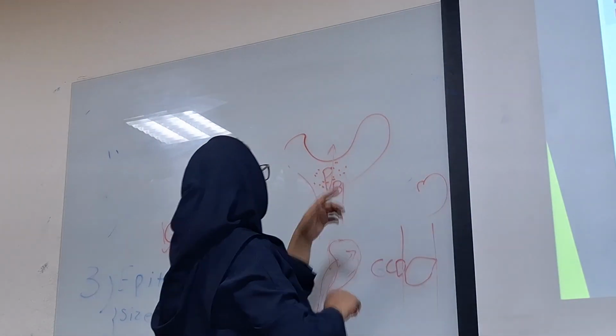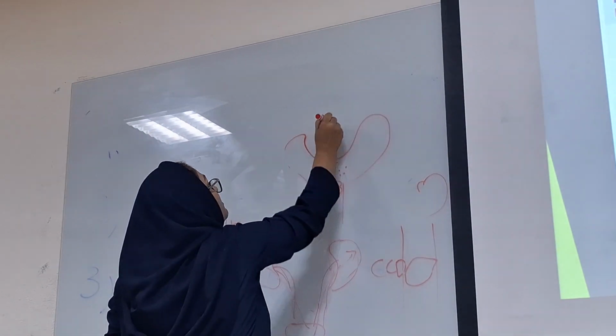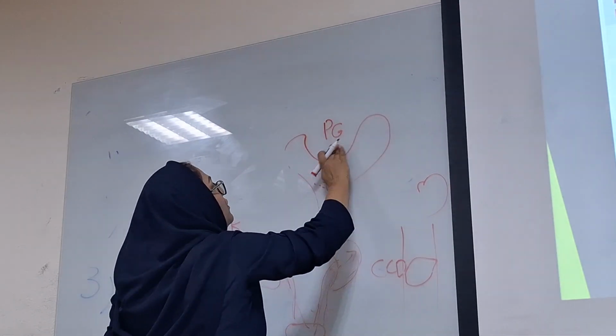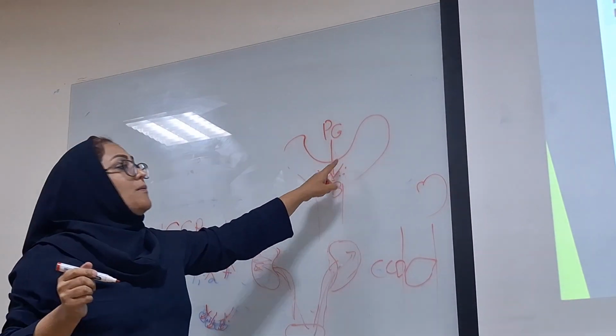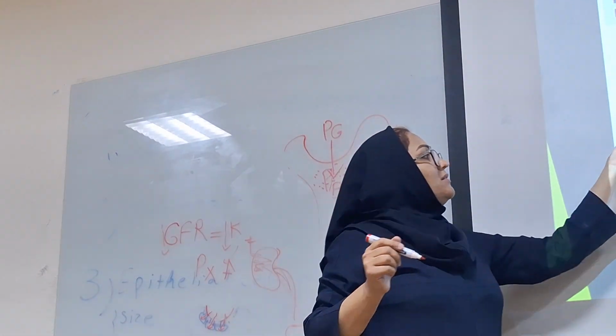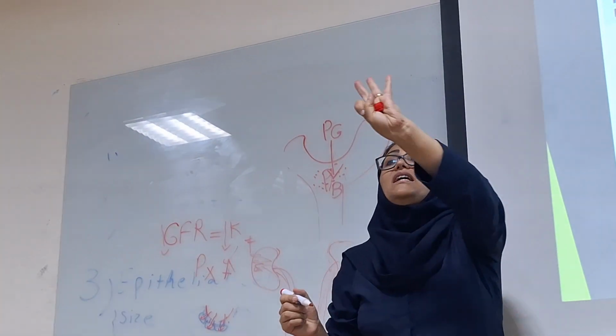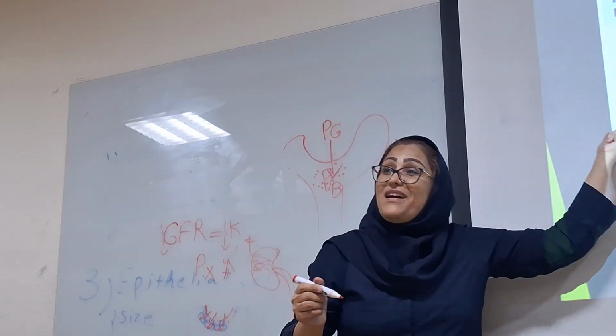Now PG, the hydrostatic pressure in the glomerulus, a favoring force. It depends on three main items. It is very important.